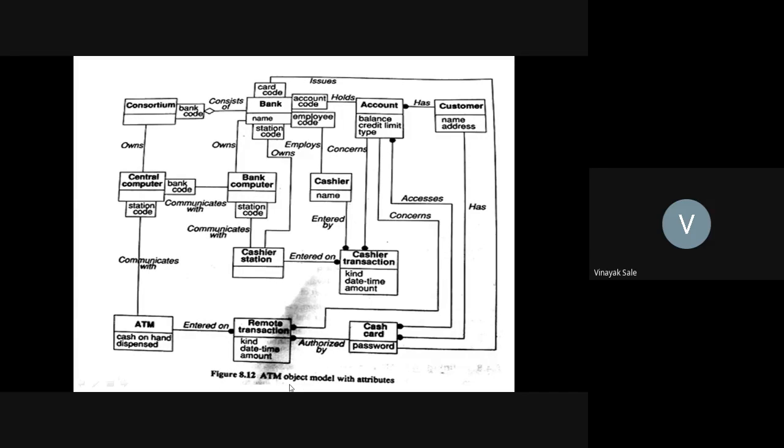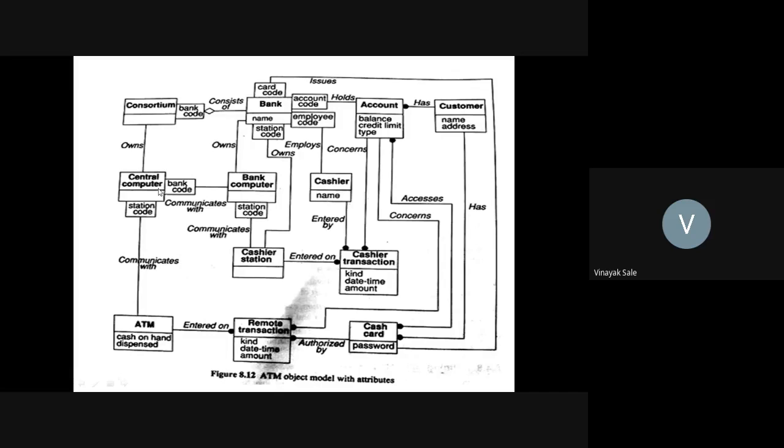This is the figure, ATM object model with attributes. This is the ATM model with different attributes. So this is the ATM, then connected with the central computer.